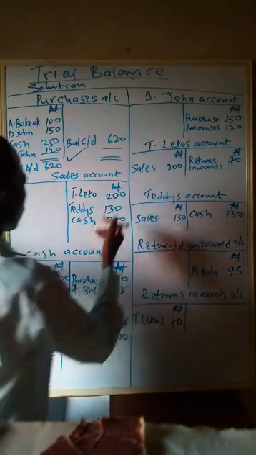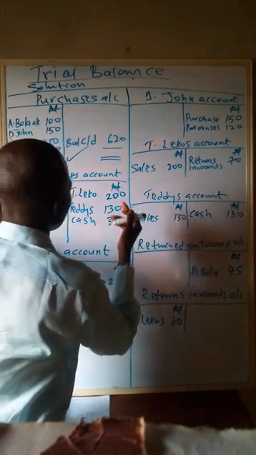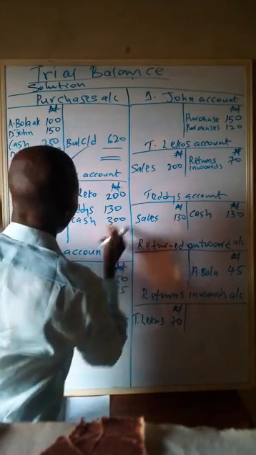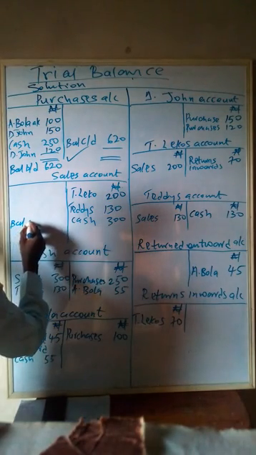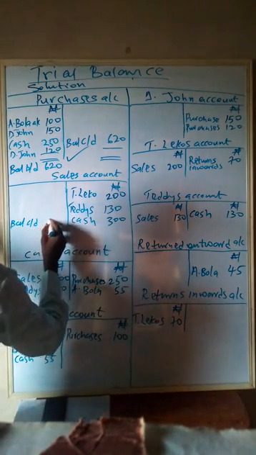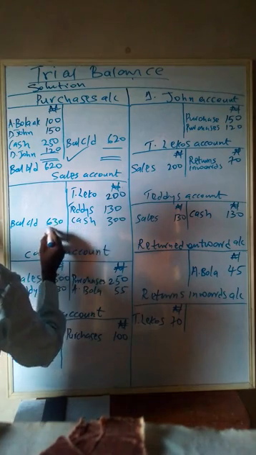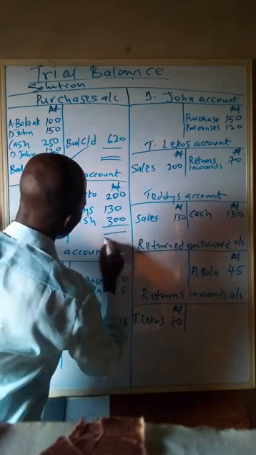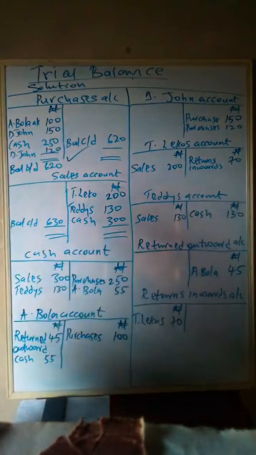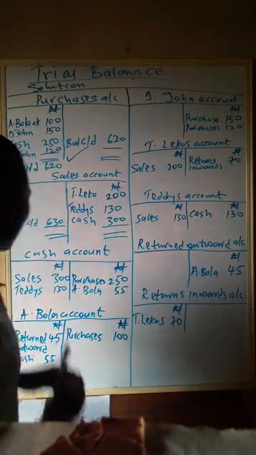For sales account also, 200, 130, this is 500, this is 620. I come here, I balance it off, balance c/d, and that is 630.